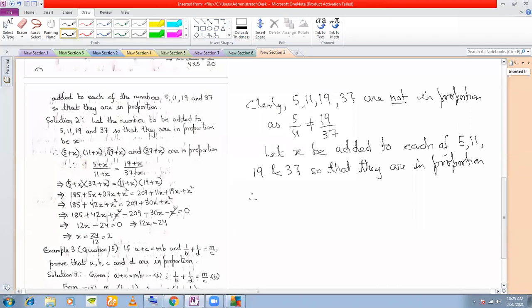Okay, so therefore, if I add x to 5, if I add x to 11, if I add x to 19, and if I add x to 37, they must be in proportion.